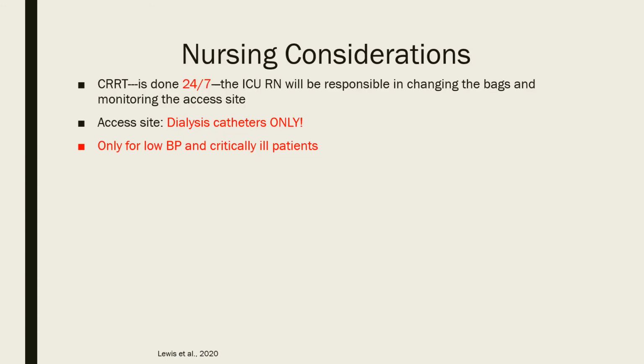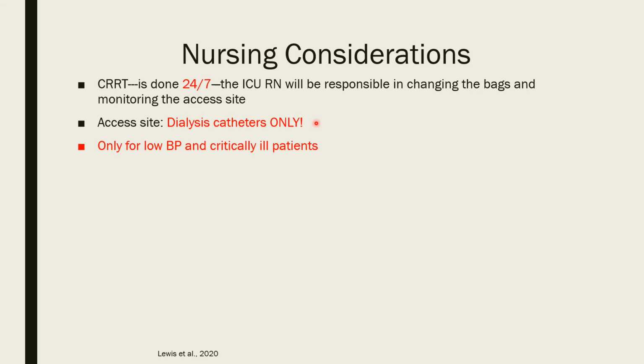Now, considerations. When your patient is on CRRT, this is done 24/7. So, ICU nurses are responsible to change the bags and monitoring the site. Remember, we only use dialysis catheters for CRRT, okay? Because it's 24/7.